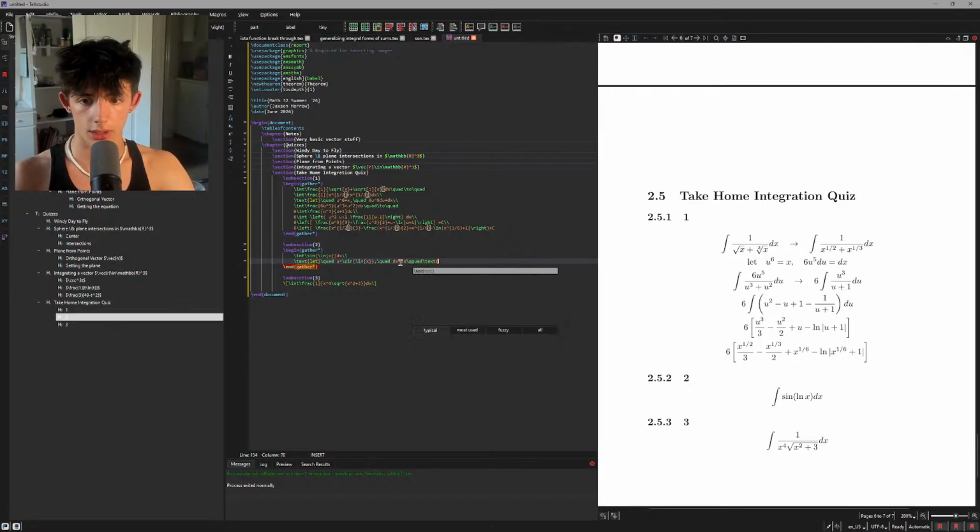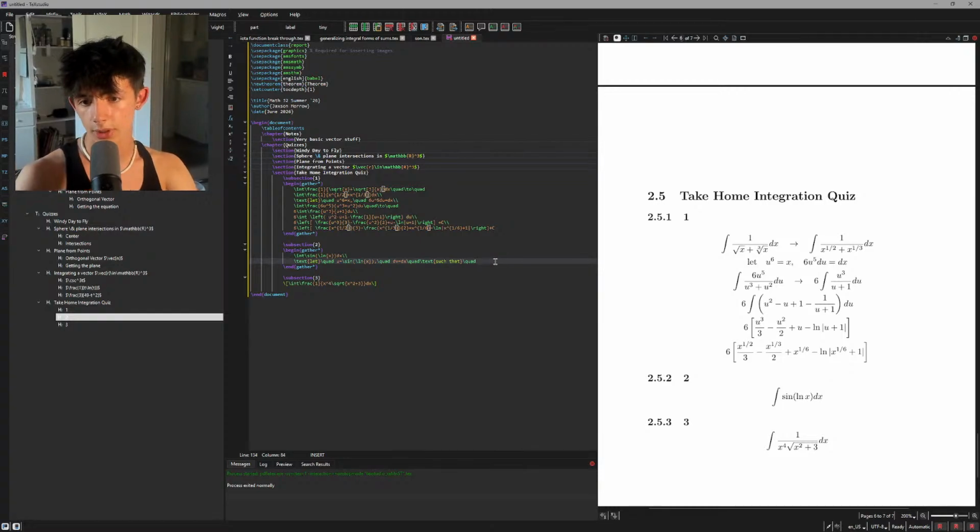Such that du equals, so a function of a function, the derivative of that is 1 over x.